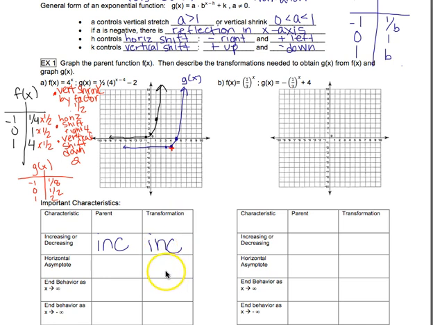All exponential functions have a horizontal asymptote, and the parent graphs, let me give you a hint, it's always the x-axis or y = 0. If you look at our transformation at g of x, its horizontal asymptote is shifted down 2. So this is really important.